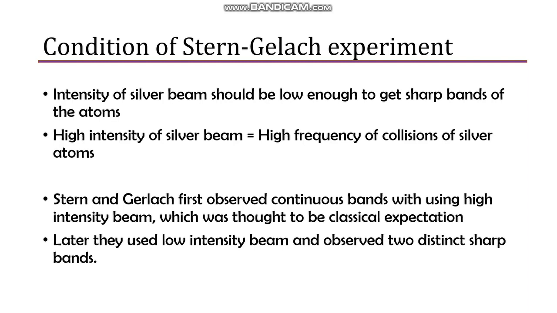So they changed to a low intensity beam, and the result was 2 distinct bands of atoms. So the key of the Stern-Gerlach experiment is to use silver atoms with low intensity, and this experiment proved that the spin of the electron actually exists and cannot be explained by classical mechanics.